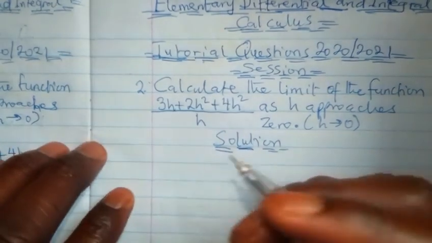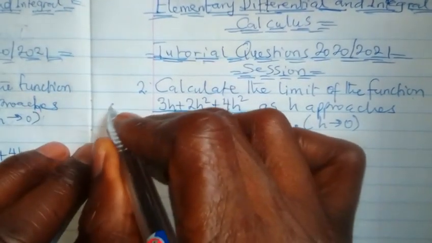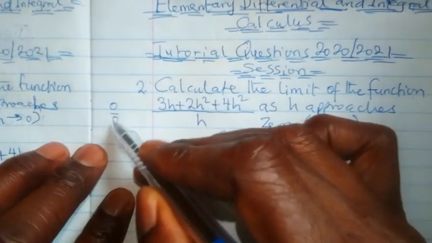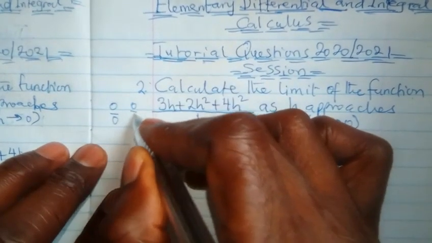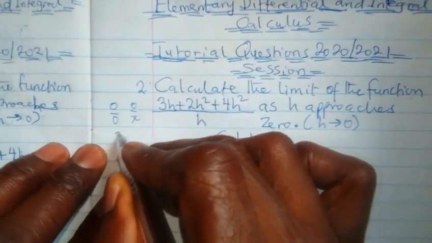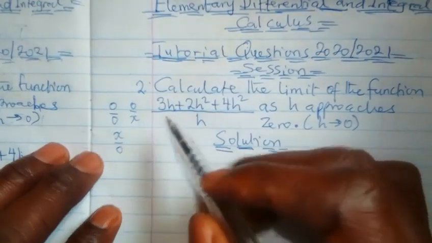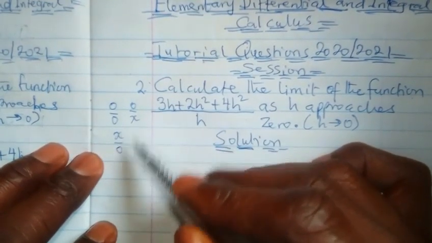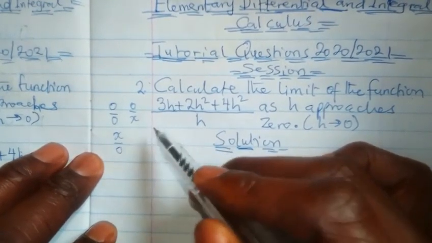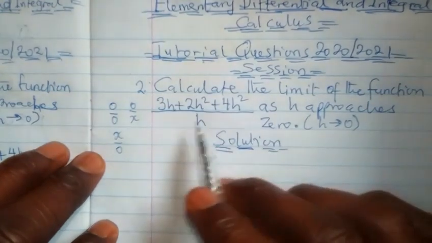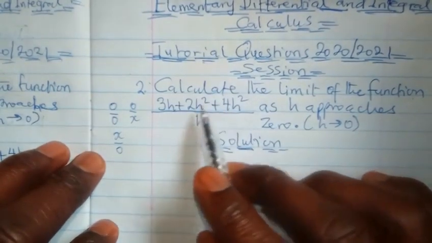Now, if you are dealing with limits, you must not have anything like 0 upon 0, or 0 upon a number, or a number sitting on 0. You must avoid having instances like this, which goes to say that we cannot use direct substitution.